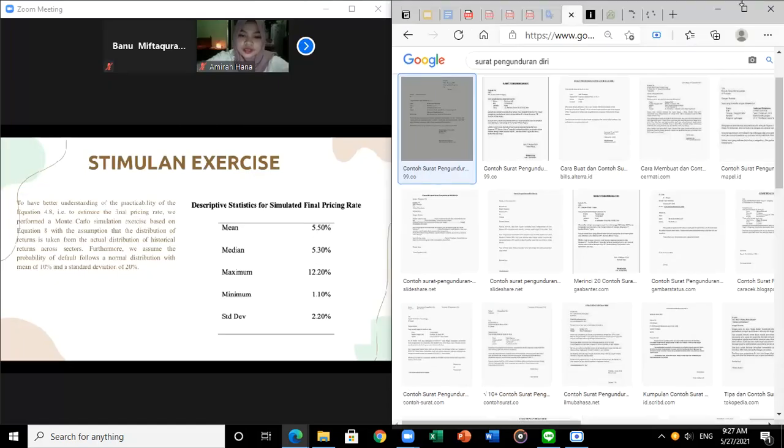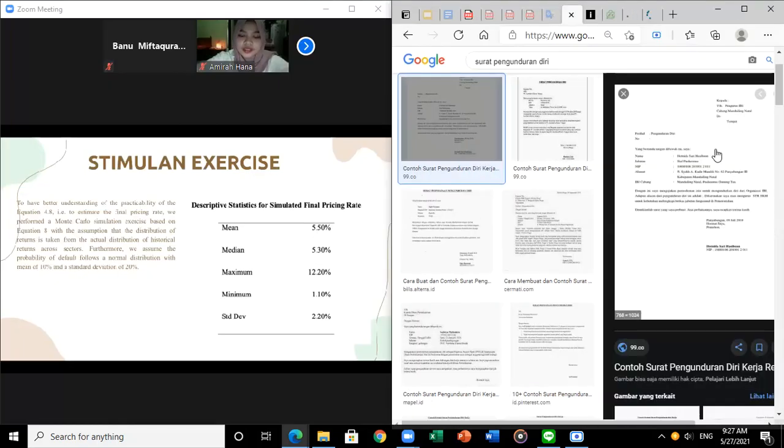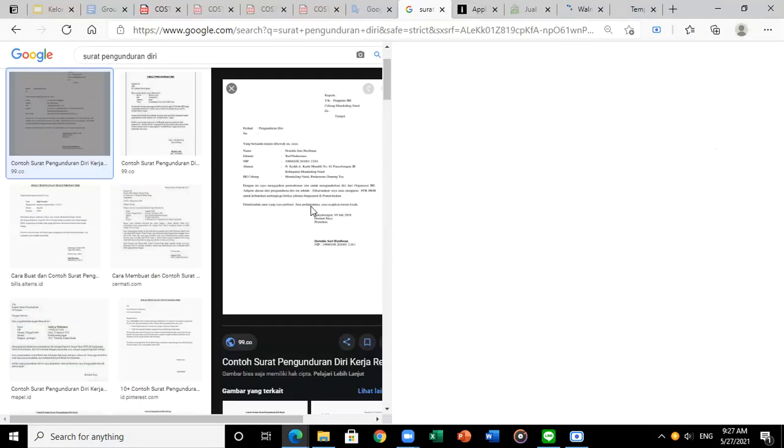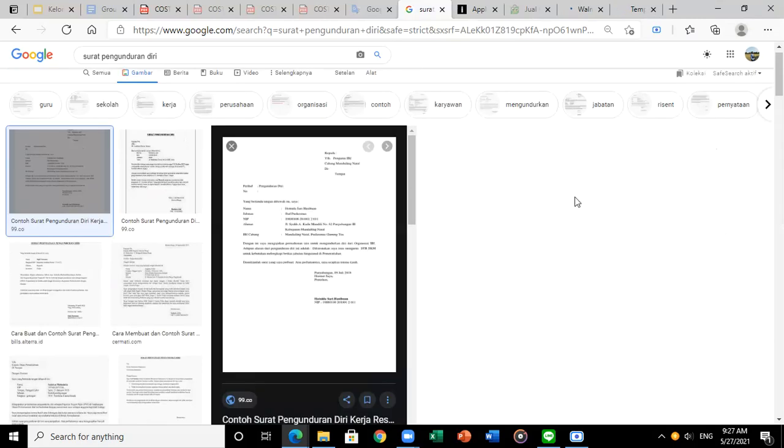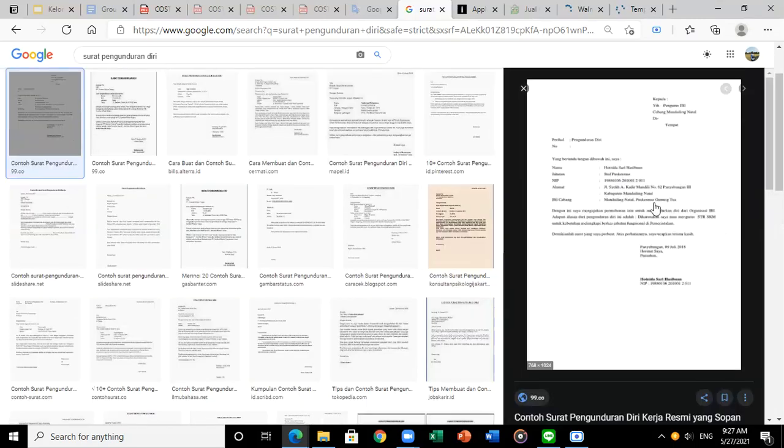Before I continue to the simulation exercise, I'm going to tell you about the methodology, the result of the APT model. Amira spoke before about the CAPM model. APT models have a different result from CAPM. In this step, all the factor loadings are estimated using the equation.